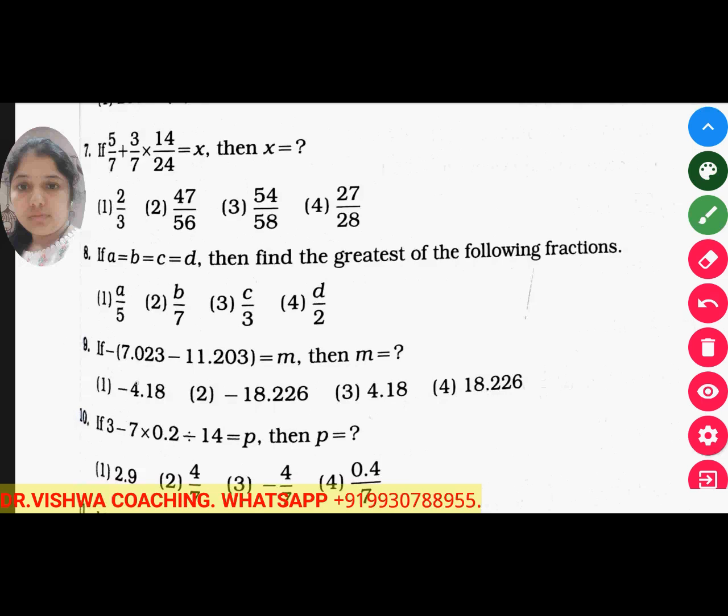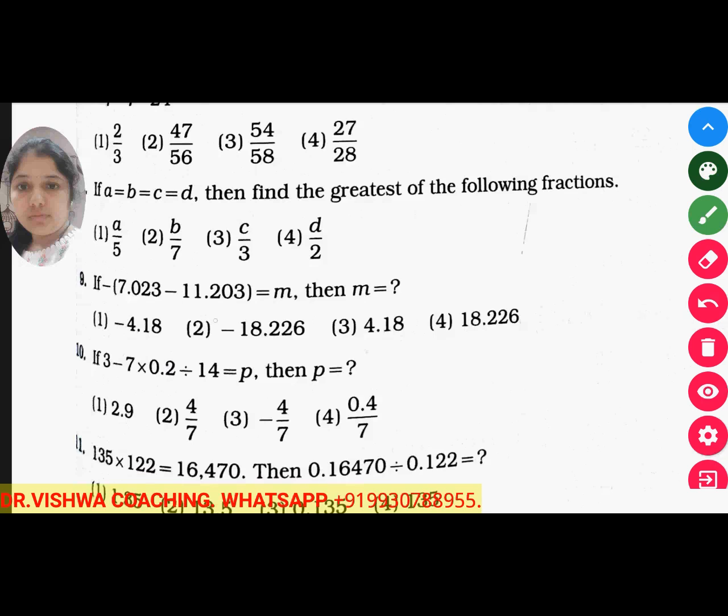Okay. Now you have to find the value for m here. Again you just have to add these terms. If you add these terms, what you will do here, you have to subtract 7.023 from this 11.203. Because they are all inside the bracket, and when we subtract we get the answer as 4.18, but the negative sign is there out of the bracket, so your answer is minus or plus.